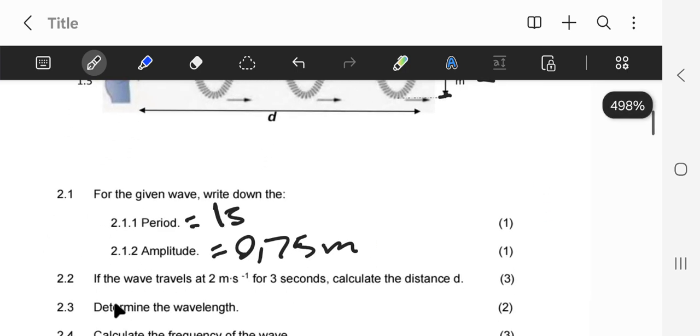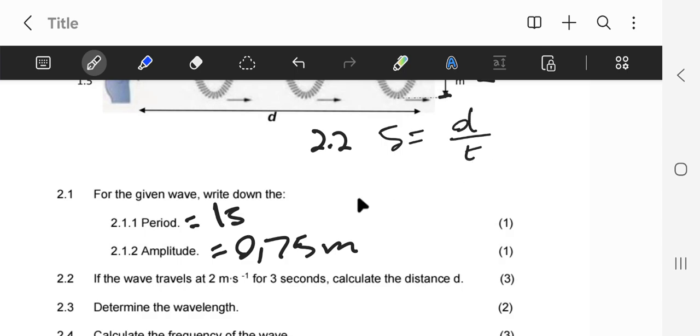Now we move on to the next question. The next question says, if the wave travels at 2 meters per second for 3 seconds, calculate the distance d. So they want us to find this distance. For us to find that distance, and this question is 2.2, we are going to use the formula speed is equal to distance over time, but another person can use distance is equal to speed multiplied by time.